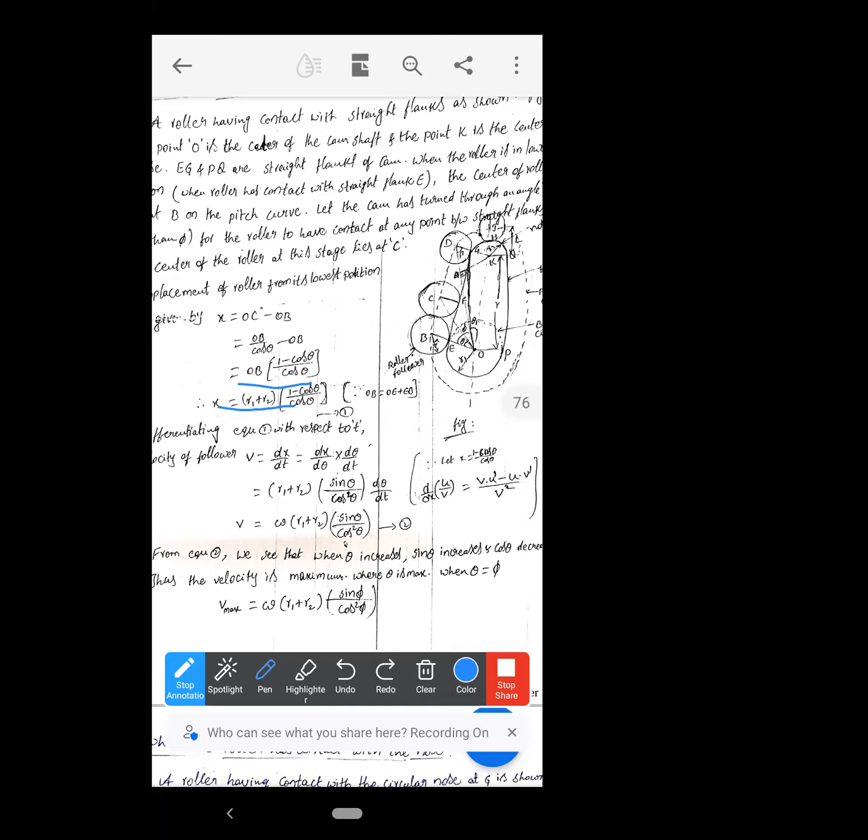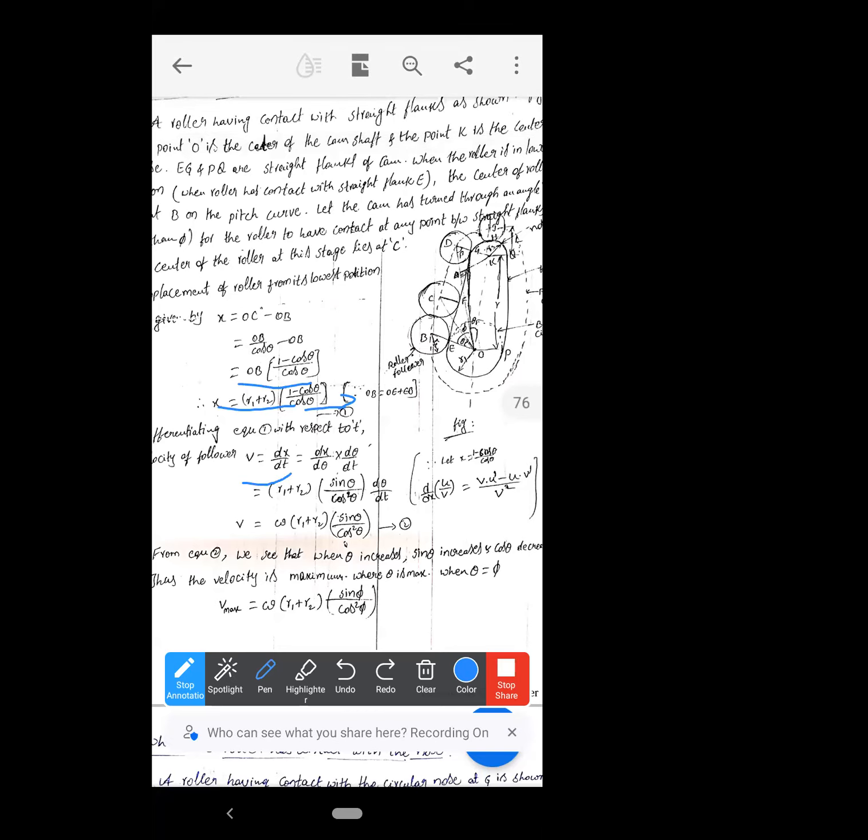This is taken as equation number 1, the displacement of the follower. Now going to find our velocity of the follower, which simply means displacement with respect to time.